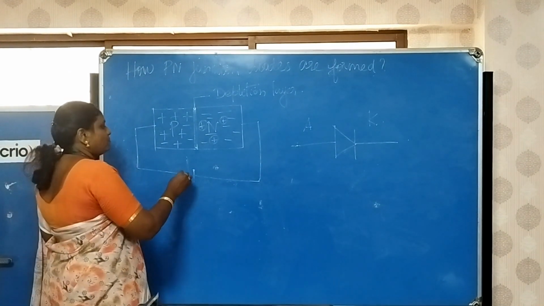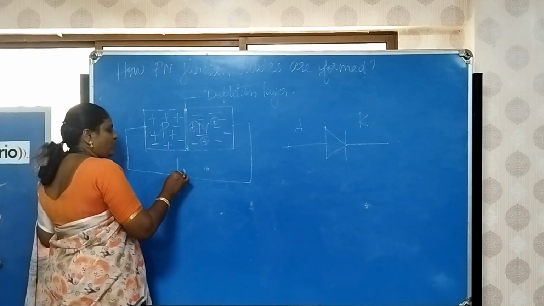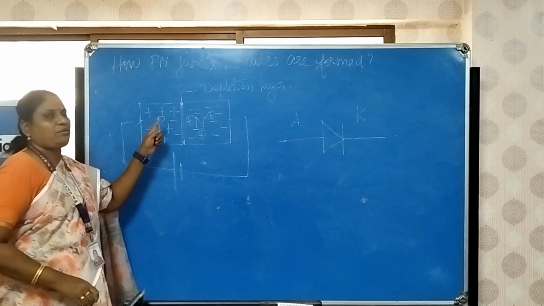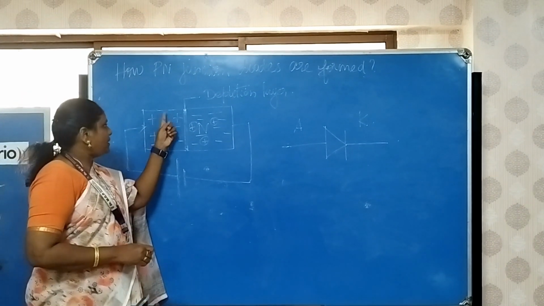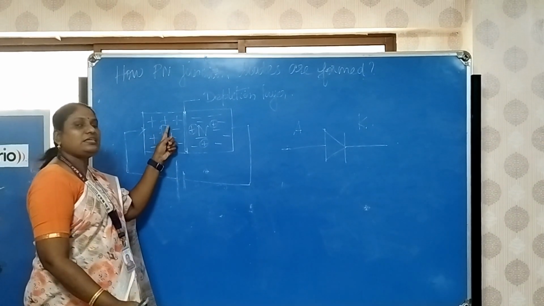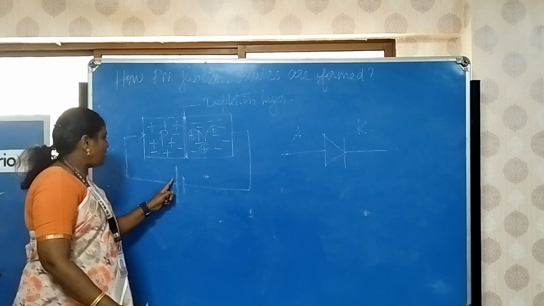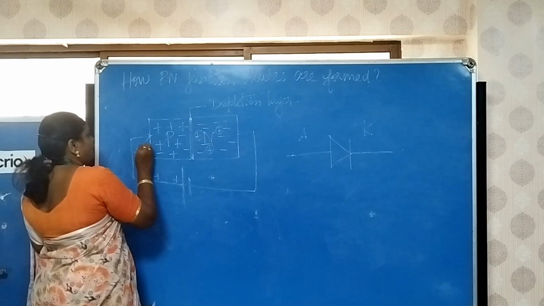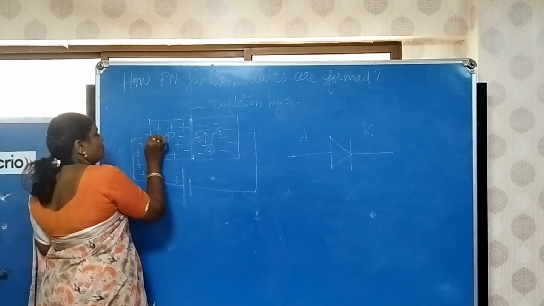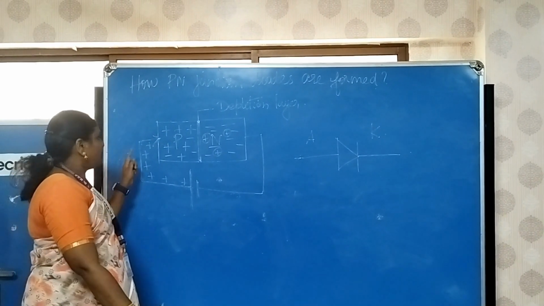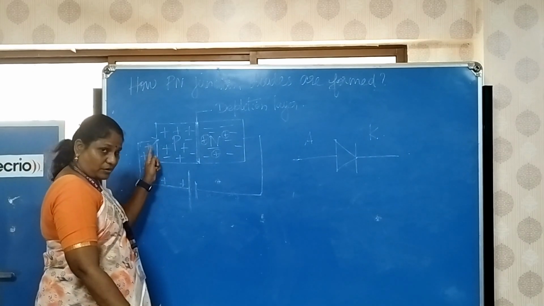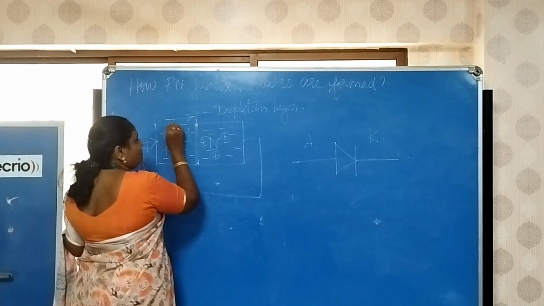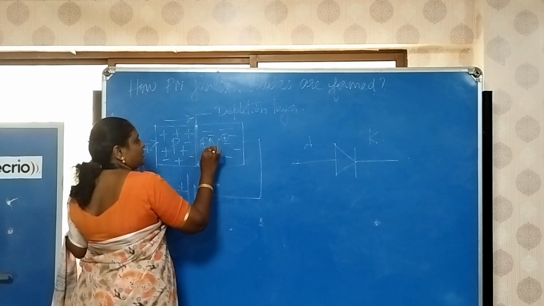Forward bias means a positive supply voltage is applied to the P-type semiconductor. In P-type semiconductor, holes are the majority carriers. When we pass the positive voltage, that is forward bias, to the P-type semiconductor, the holes repel and are moved towards the N region, attracted towards the N region.